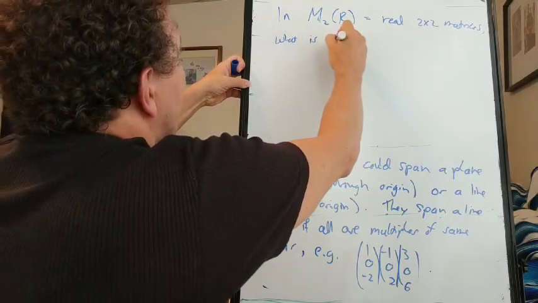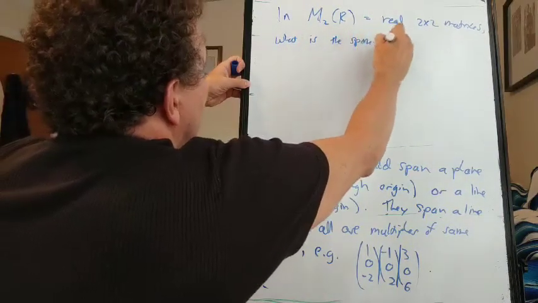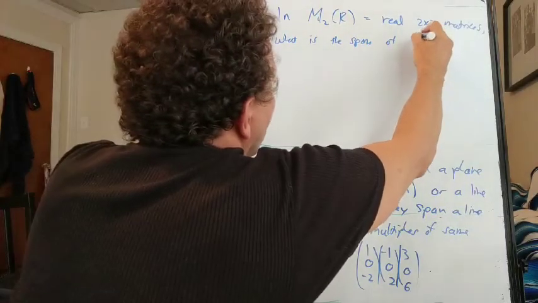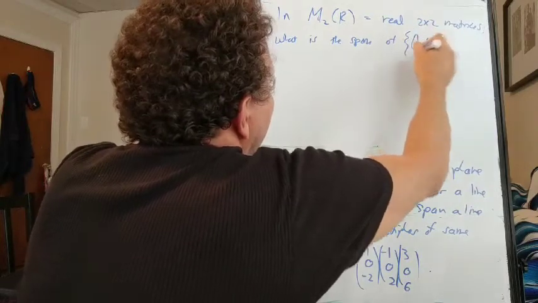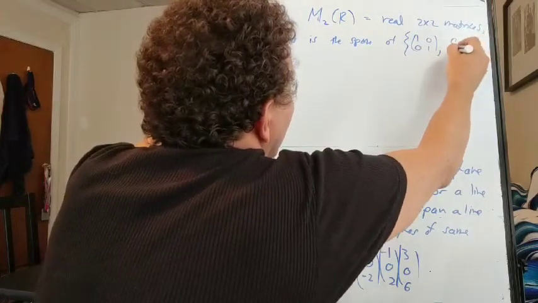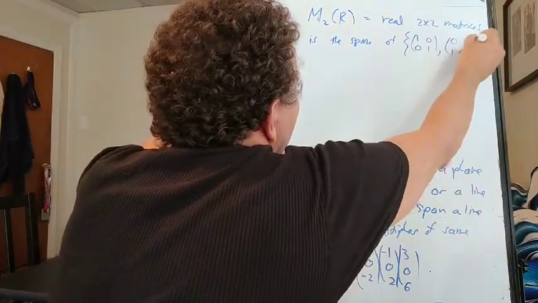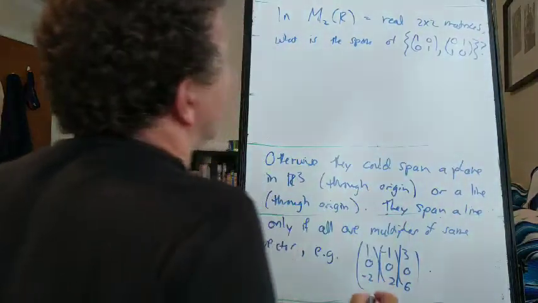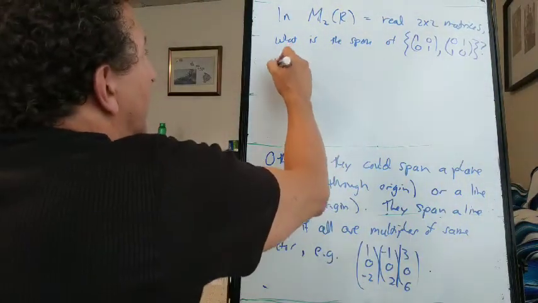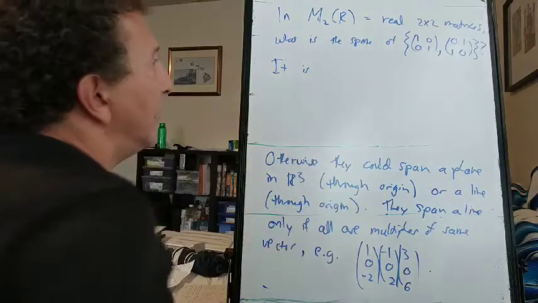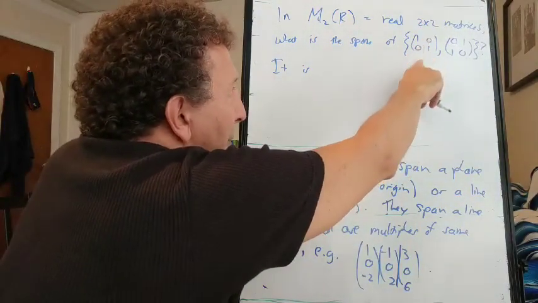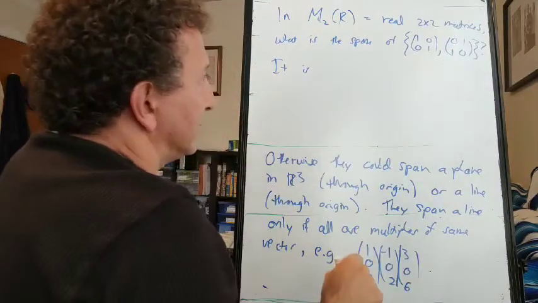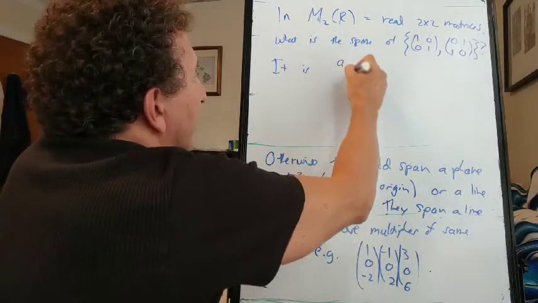So let's ask, what is the span of the identity and the matrix that has ones off the diagonal and zeros on the diagonal? Well, it's all the matrices we can get by taking a multiple of this plus a multiple of that.